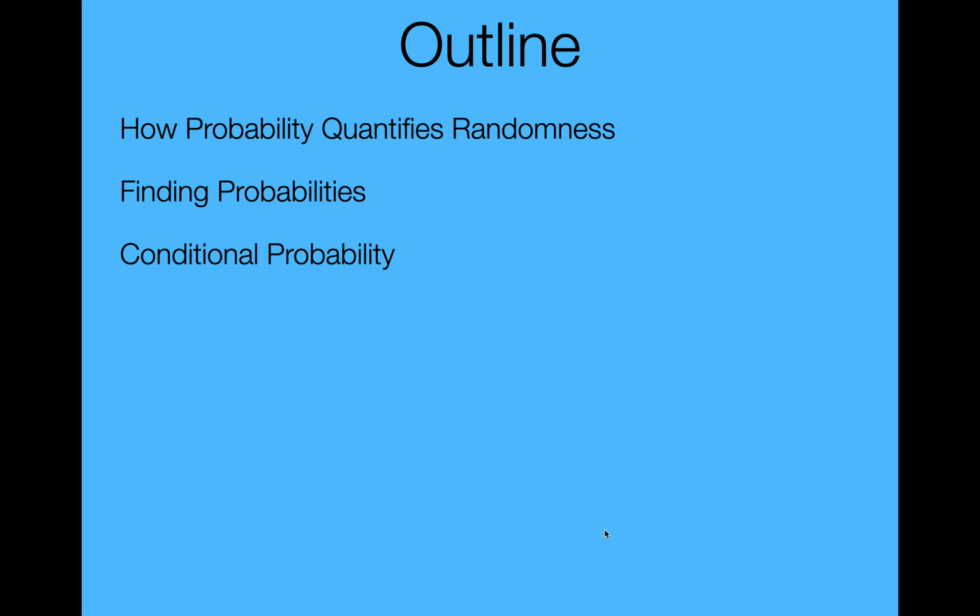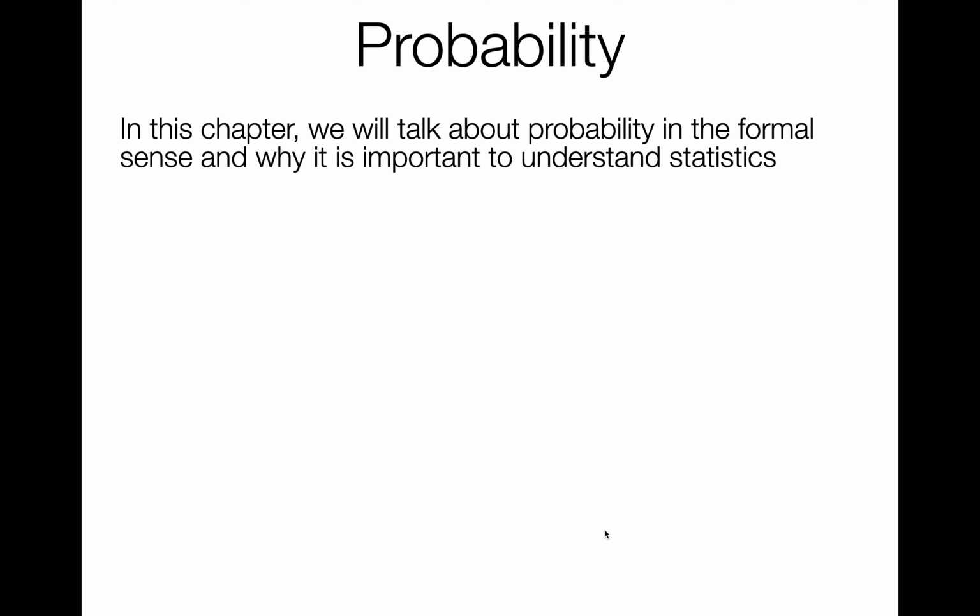Third, we'll talk about conditional probability and how that relates to the situations that we will encounter in this chapter. And lastly, we'll talk about applying those rules to statistical objects that we'll talk about in subsequent chapters. So that last point is really a looking forward moment.